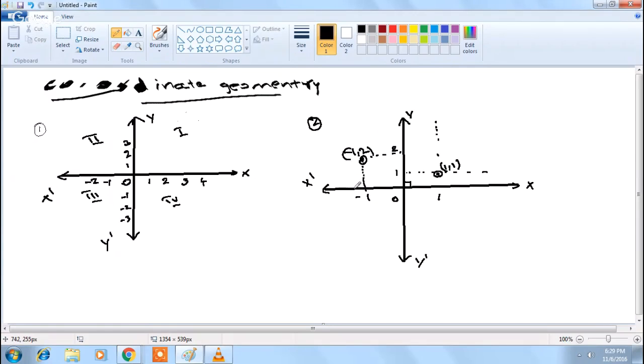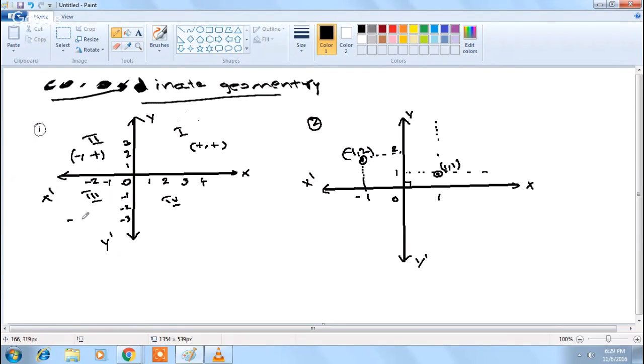right? In the same manner, we can also look at the point in the third quadrant and the point in the fourth quadrant. So it's clear that any point in the first quadrant would have both x and y values positive, plus plus. And in the second quadrant, they would be minus comma plus.